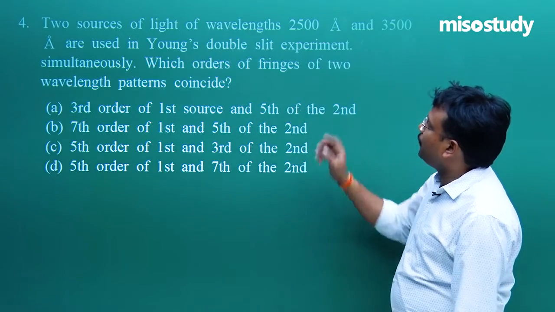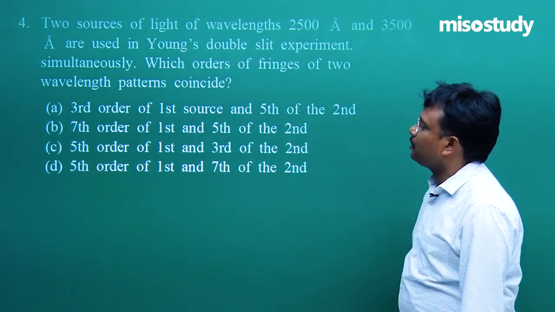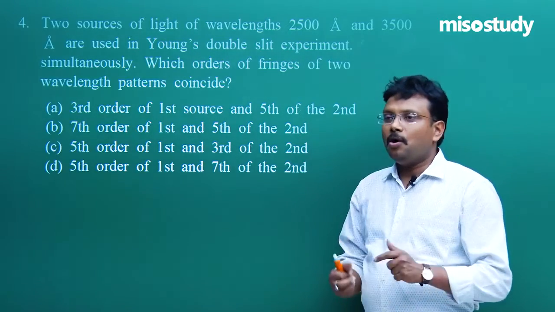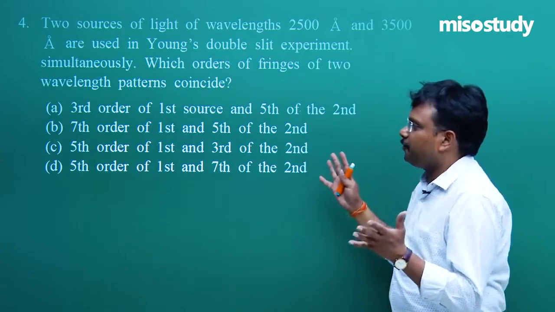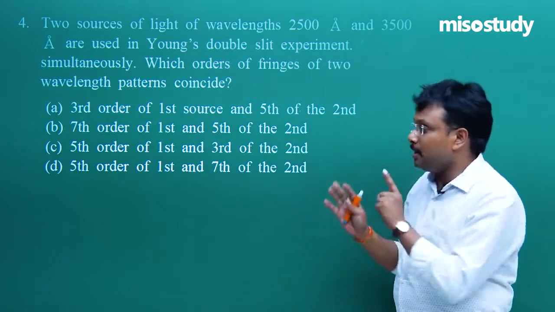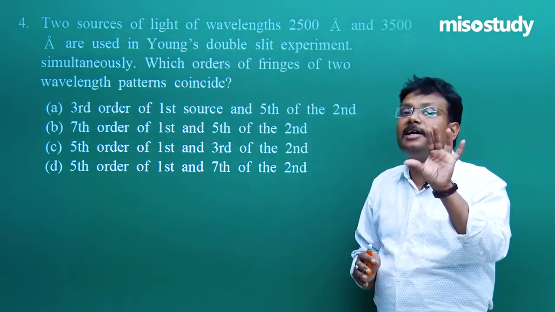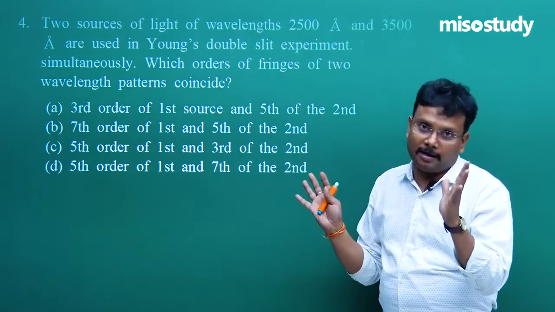Which orders of fringes of the two wavelength patterns coincide? What exactly is this question? I am unable to understand. This is very difficult to visualize. That's why in the second question I created that simple diagram.